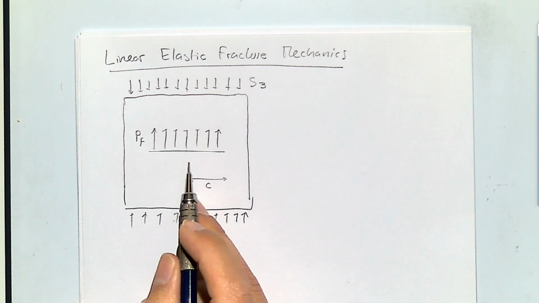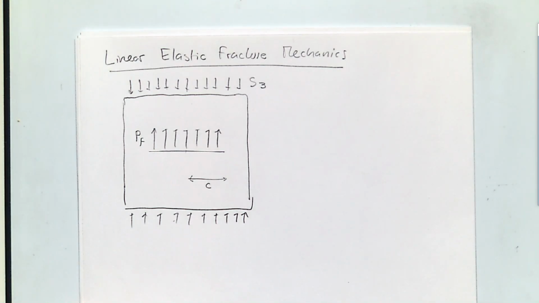And that will be valid if the medium is impermeable, or if it has very low permeability, or if we have a nice filter cake. But for now, we'll just assume that that's the truth.